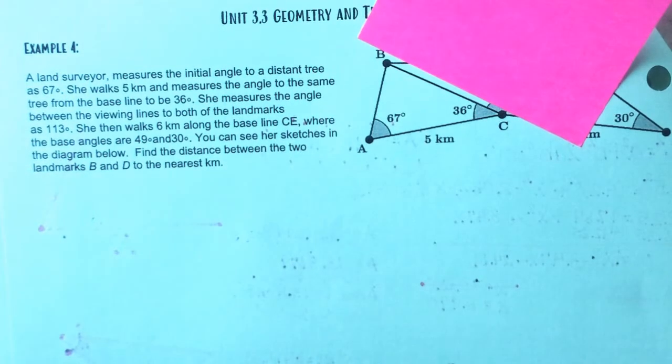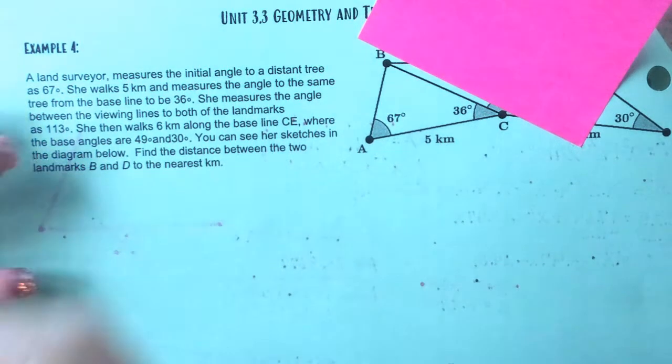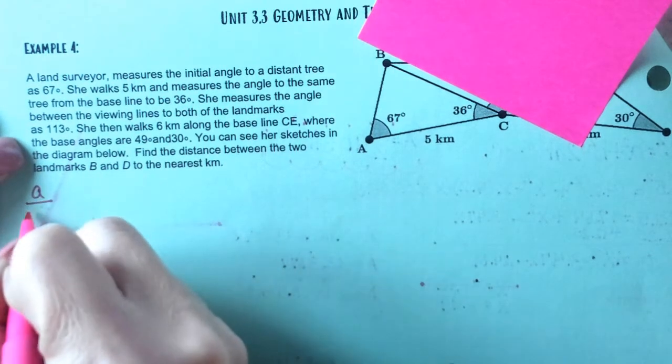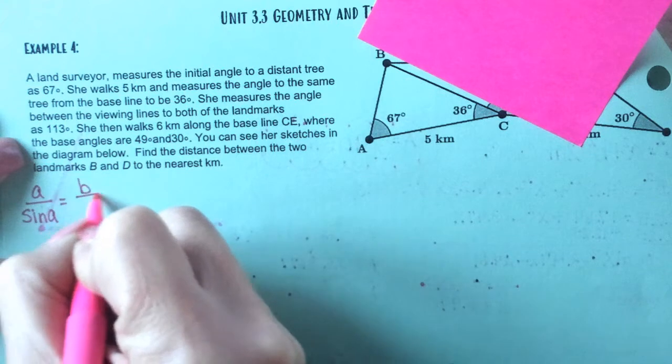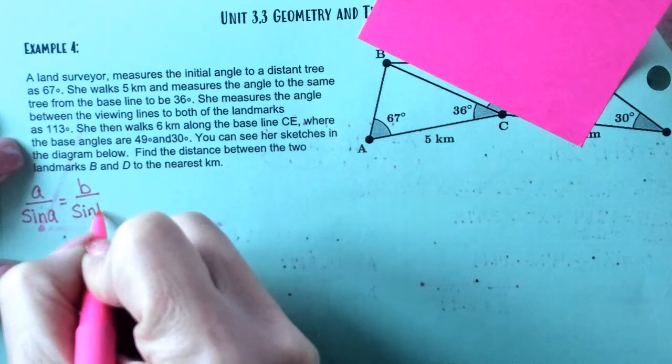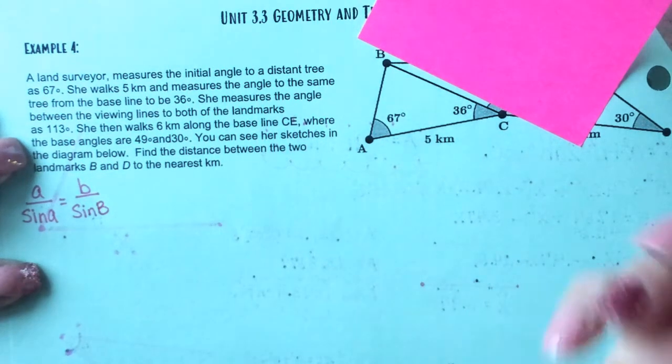So looking at that triangle, how can I find the length of BC? We want to know the length of BC. Give you a second to think. So here's what I'm thinking. I like to use the sine rule because it's easy to remember, and when I can use it, I like to use it.